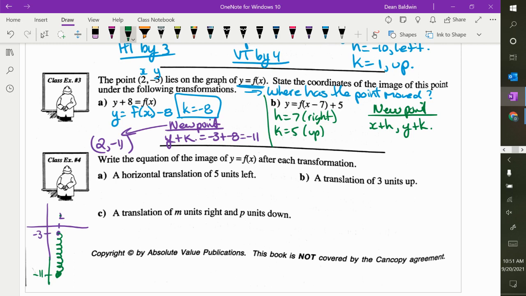Or you could do the graph, mark it out, but I'm just going to do the algebra. So our original x coordinate is 2. The h value is 7. What's 2 plus 7? 9. Our original y value is -3. The k value is 5. -3 plus 5 is 2. So the new point is 9 and 2.